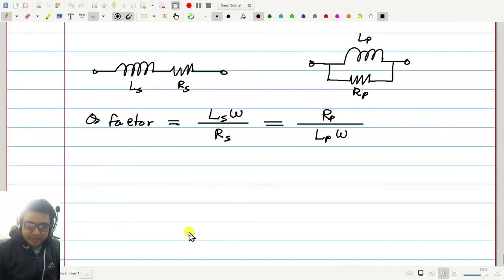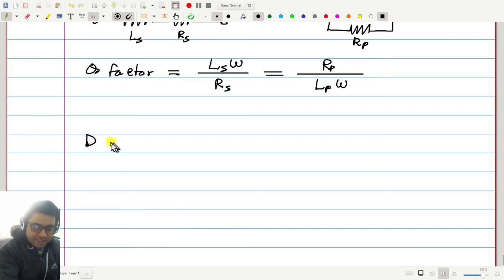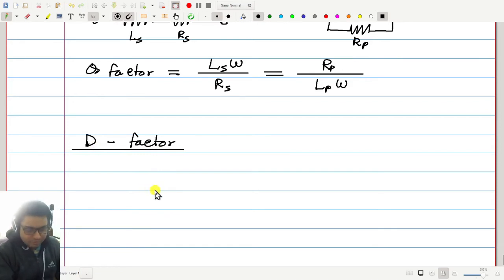In the same way, there is another factor called D factor. I am not sure what this alphabet D exactly stands for. I think it is mostly the dissipation factor. But you can also call it degradation factor, a measure of badness or impurity.